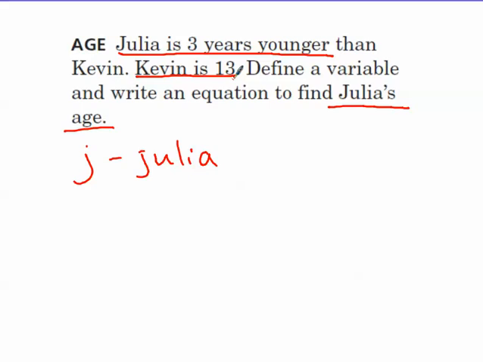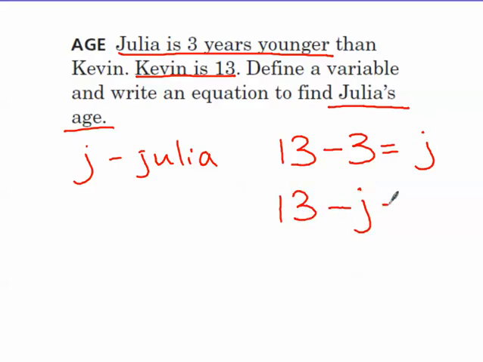One way is I know that Kevin is 13 years old, and Julia is 3 years younger than that, which means I'm going to subtract 3, and that would be equal to J. Or I could take 13, and I could subtract Julia, and I should get 3, because it does say that Julia is 3 years younger. So if I take Kevin's age, subtract Julia's age from it, I should get 3 as an answer. And that's what we're doing today, taking things like this, word problems, and translating them into equations.